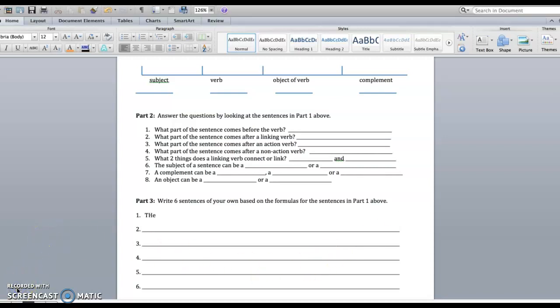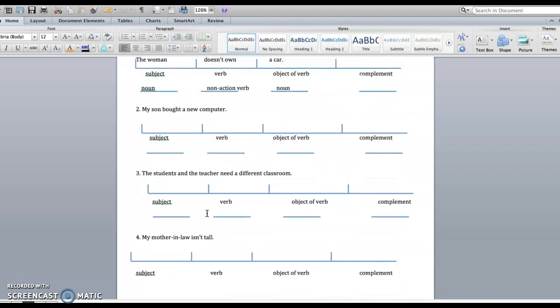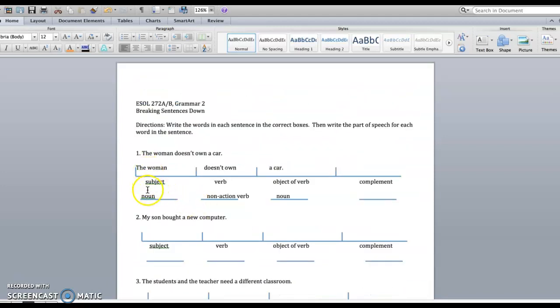So you could say the student, which is the subject, a noun, has, non-action verb, a dog. Noun, okay? So it's the same formula for number 1, noun, non-action verb, noun, or subject, verb, and then an object, the same as for number 1 here, okay? So that's what you want to do for this handout.